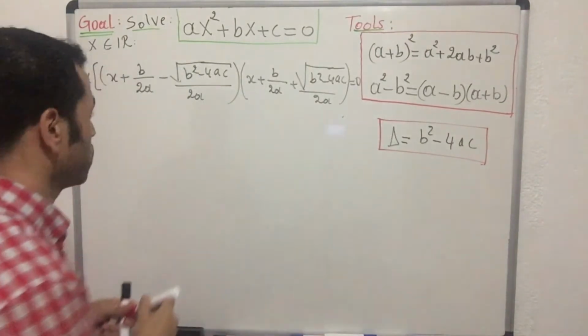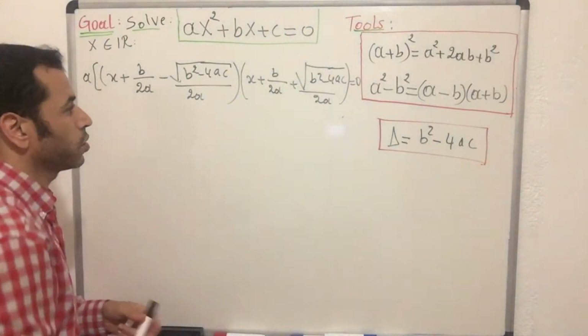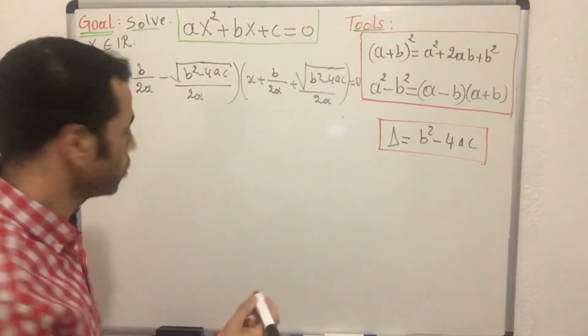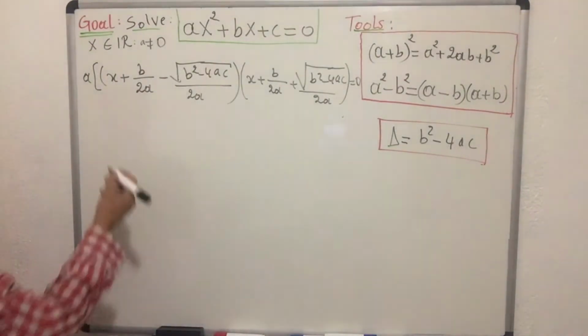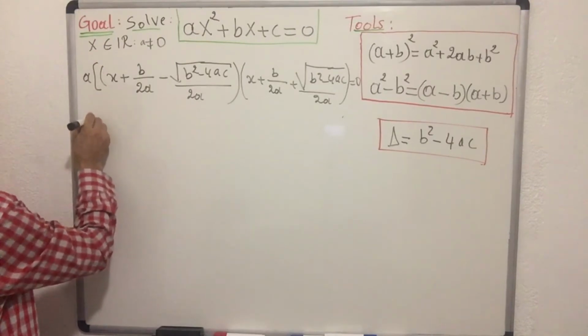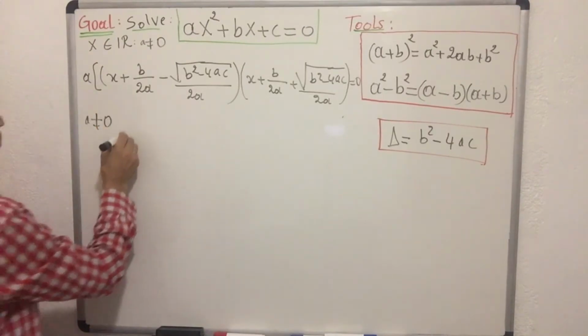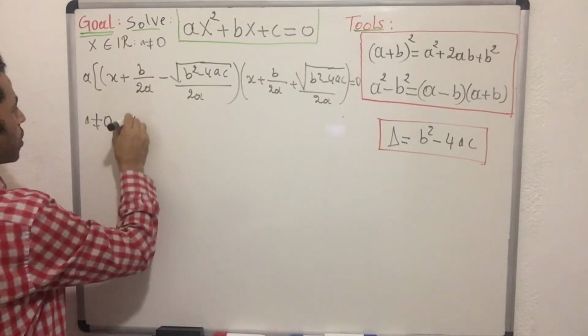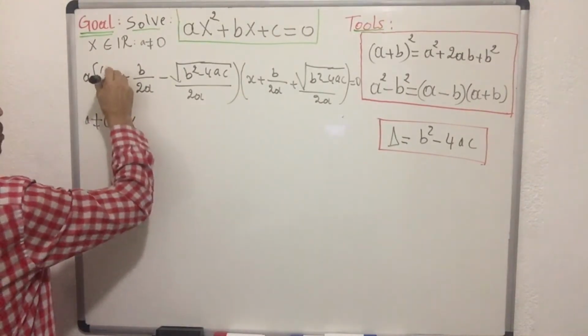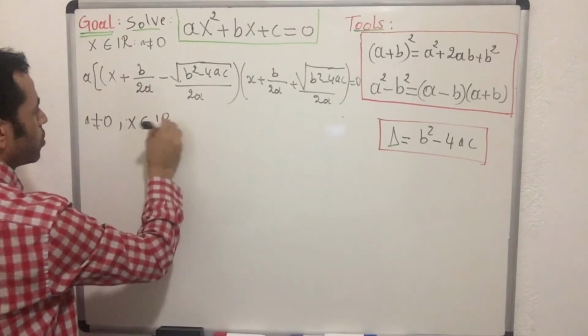So let's determine the solutions of this equation. Since a is always different than 0, x is a real number.